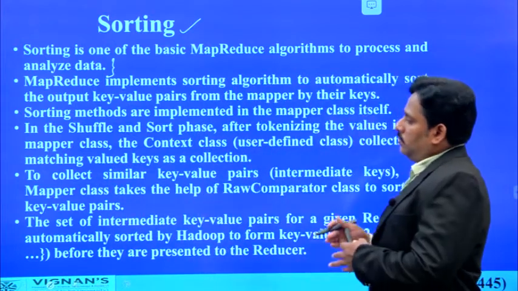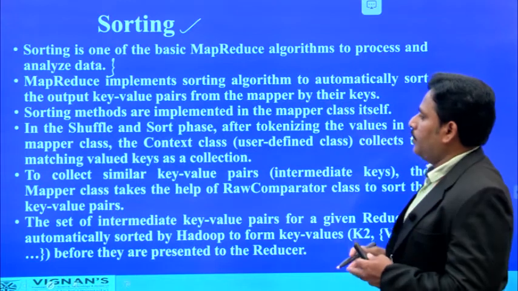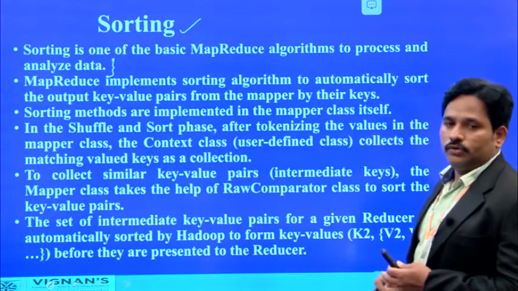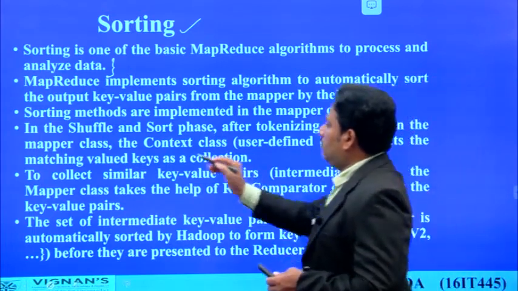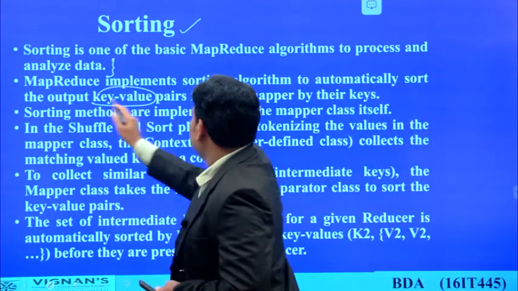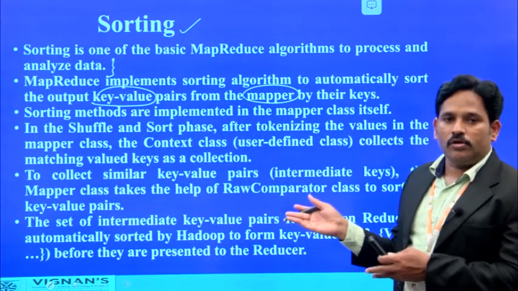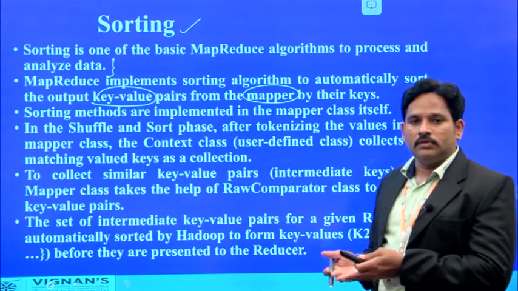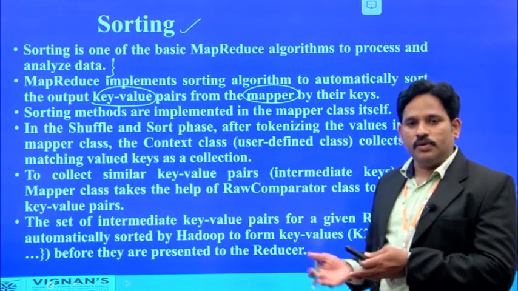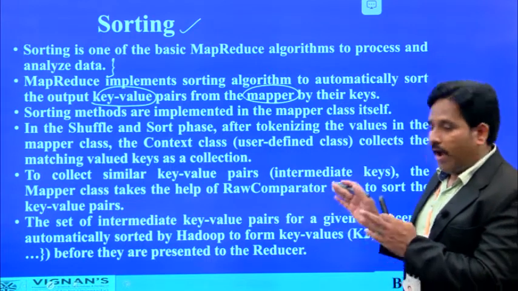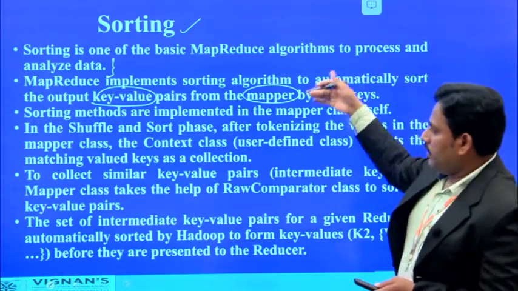MapReduce implements a sorting algorithm to automatically sort all the key value pairs from the mapper. After applying the mapper operations, that is partitioner, combiner and reducer, it will apply the sorting. That means upon completion of the mapper block, sorting comes into the picture.